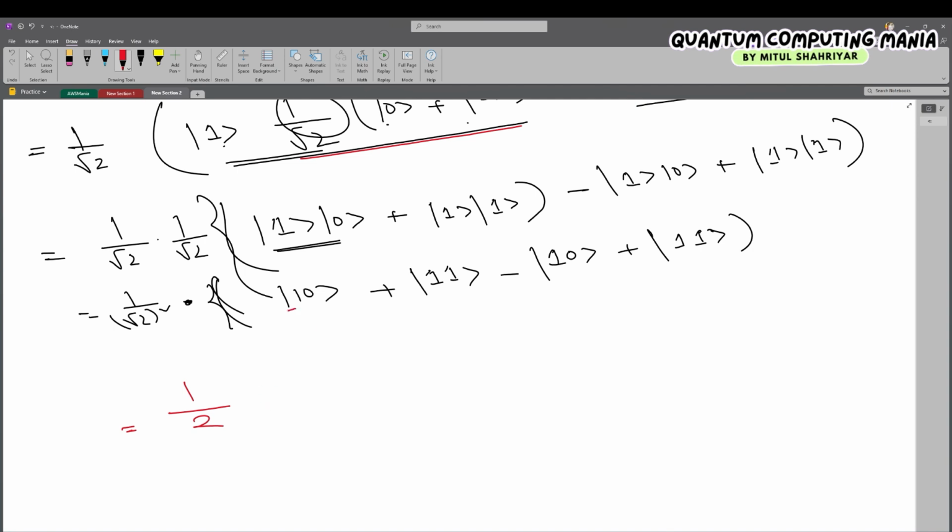And then we have this one, you see this is positive 1 0, this is negative 1 0, so they eliminate, and we have 1 1 two times, right? So it should be 2 1, right? So this eliminates, and we have this value 1 1. So this is our answer.